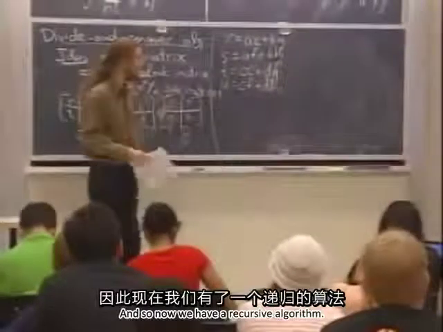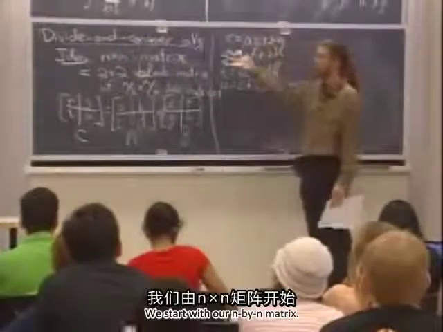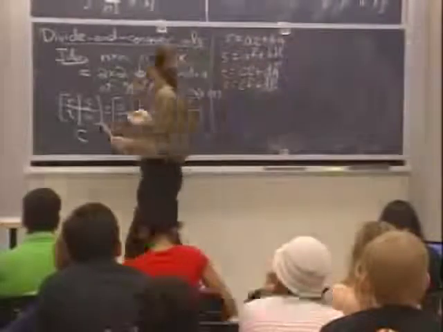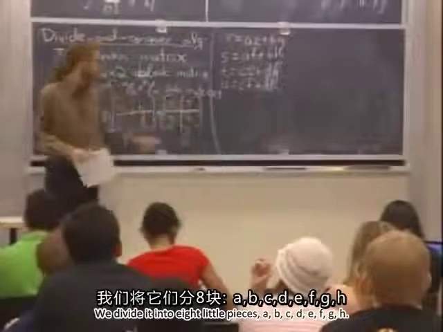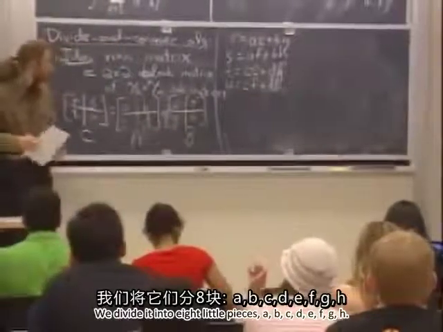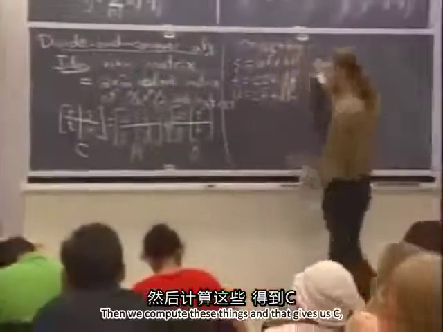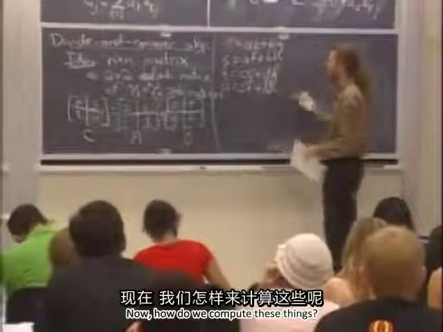And so now we have a recursive algorithm. In fact, we have a divide and conquer algorithm. We start with our n by n matrix. We divide it into, well, we have two of them actually. We divide it into 8 little pieces, A, B, C, D, E, F, G, H. Then we compute these things, and that gives us C just by sticking them together. Now, how do we compute these things?